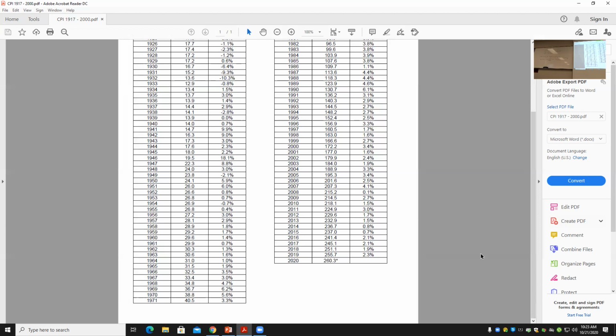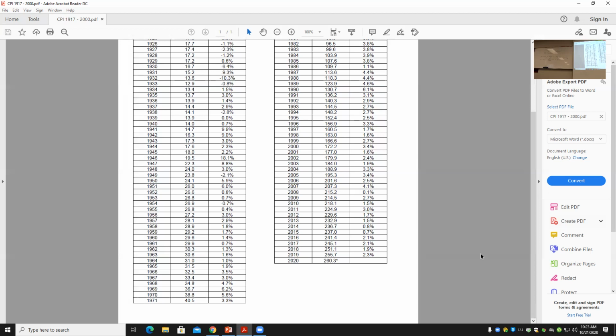On this worksheet, I want you to follow exactly what we've been doing in the last three examples, using the formula: real variable X is equal to nominal variable X divided by the appropriate consumer price index, multiplied by 100.